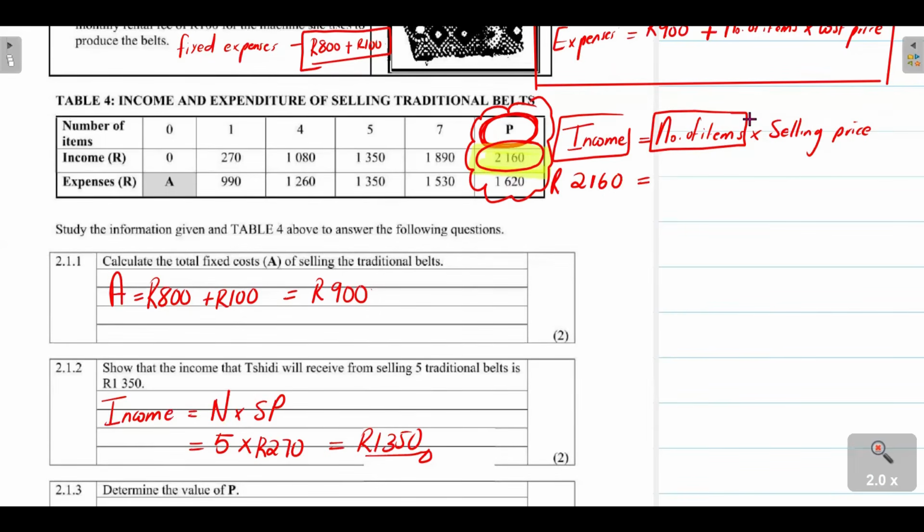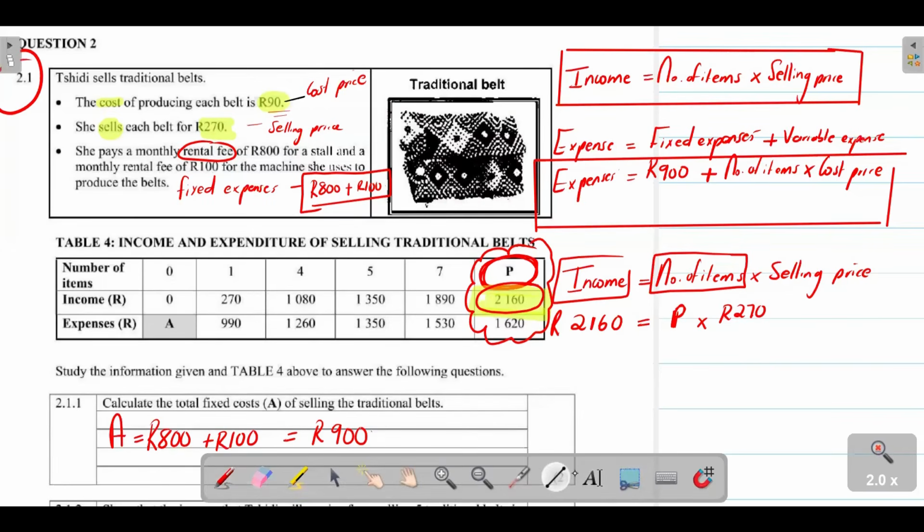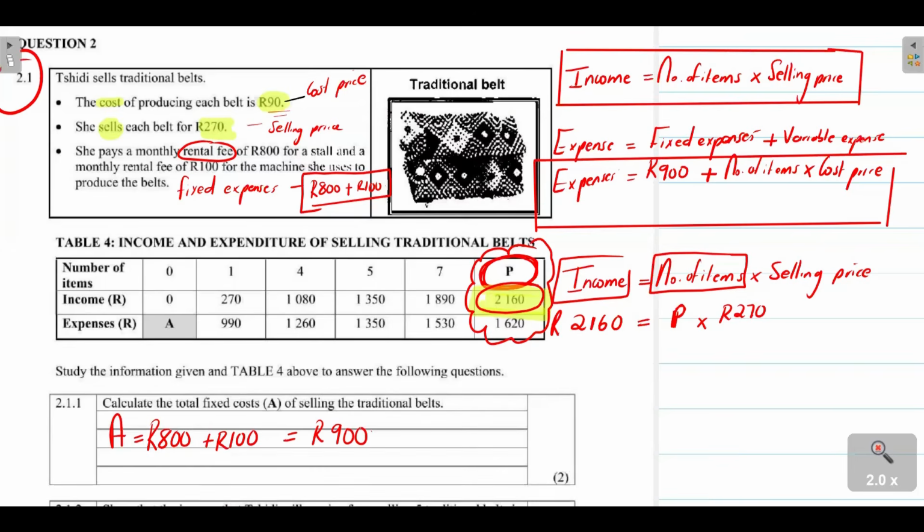We don't know the number of items, so I can use P, because I'm trying to look for P. Multiplied by the selling price for the belt, which is 270. Now, do you see what I'm trying to solve for here? Yes, ma'am, for P. Good. Because we are trying to solve for P, what is happening between the P and the 270?